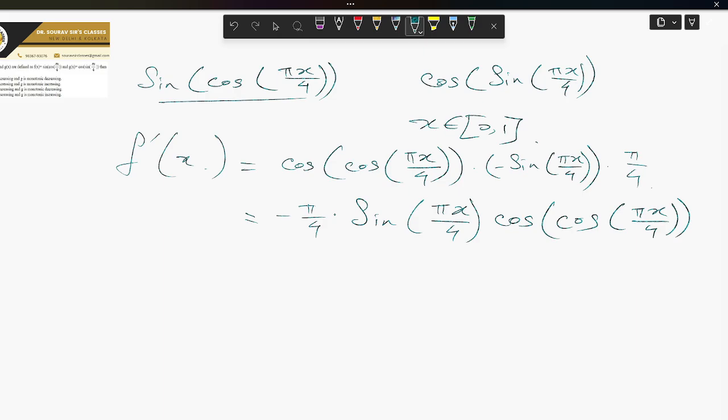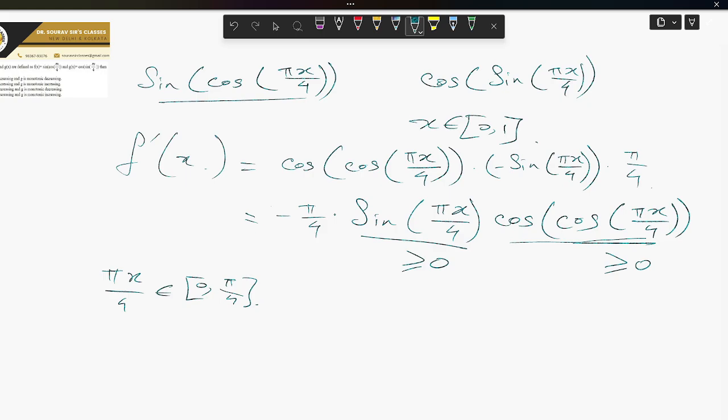Now we are going to analyze the sign of f'(x) for our closed interval [0, 1]. Our πx/4 will lie between 0 and π/4. So this term will be positive, this term will also be positive in this interval, and the whole term will be positive.